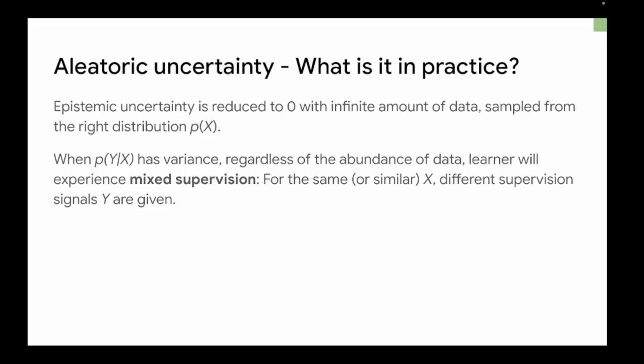So in practice, aleatoric uncertainty looks like you get the same kind of sample in your training set, but for the same kind of sample, you're going to get different labels from different labelers. In other words, you're going to get mixed supervision. It doesn't have to be the same X, but even for very similar X samples, you're going to get very different signals.